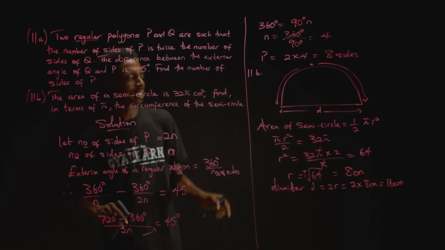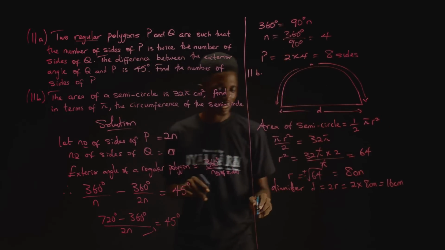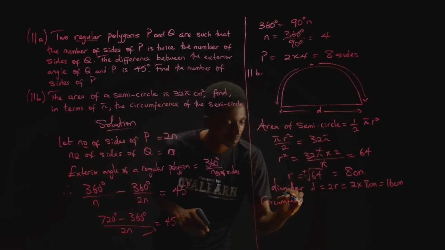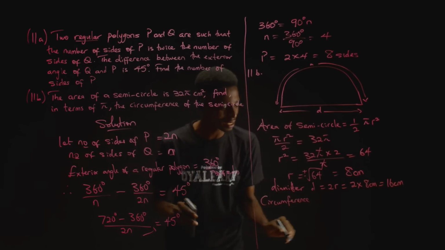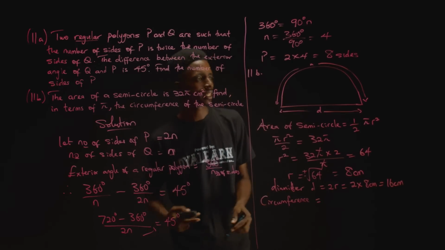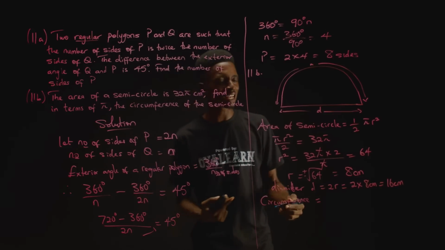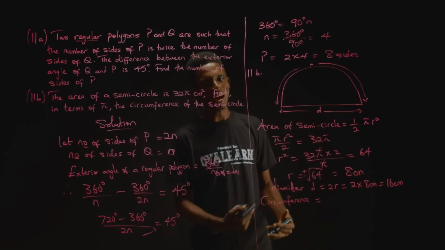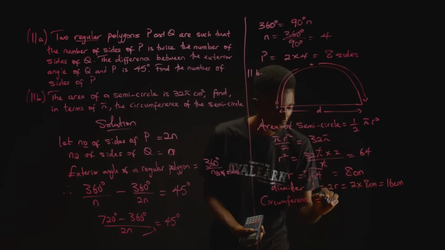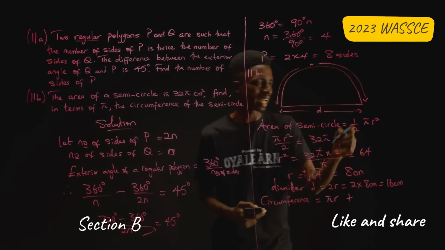Now, to find the circumference, that is the entire length, we need to find A, right? The circumference of a semicircle is half of the circumference of a circle, and then we add the diameter to it. The circumference of a circle is 2 pi r, and when we divide that by 2, we have pi r, plus the diameter.